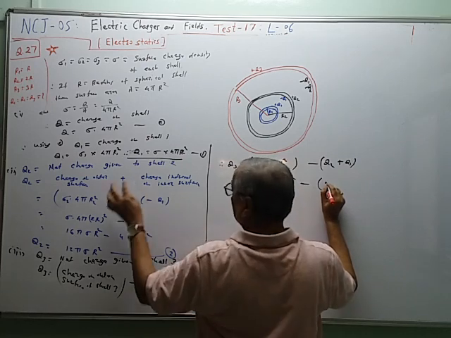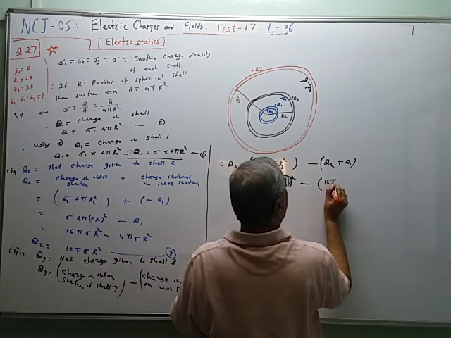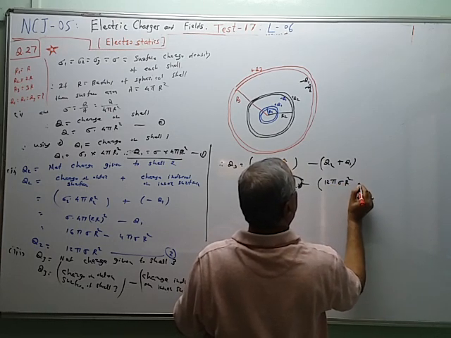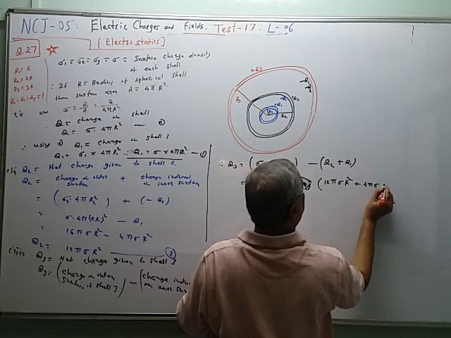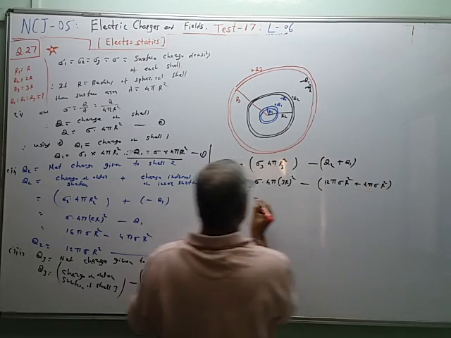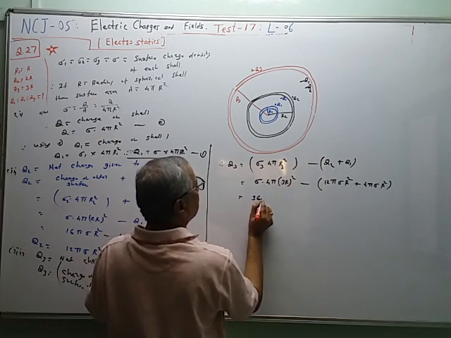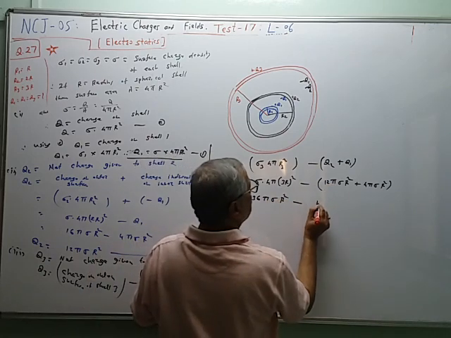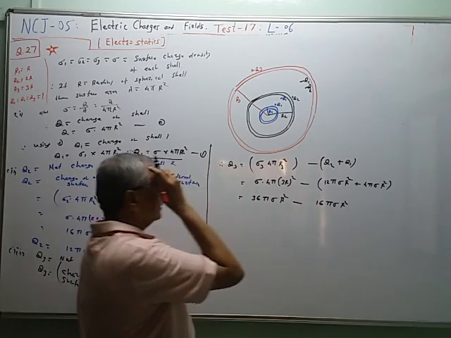So Q3 is equal to 12 pi sigma R square plus 4 pi sigma R square. This is 3 into 3 is 9, multiplied by 4, so 36 pi sigma R square minus 16 pi sigma R square.